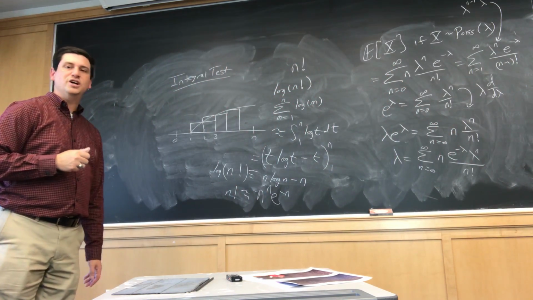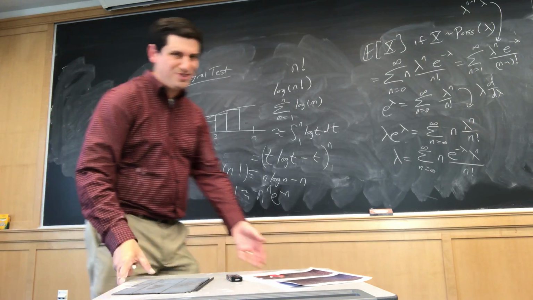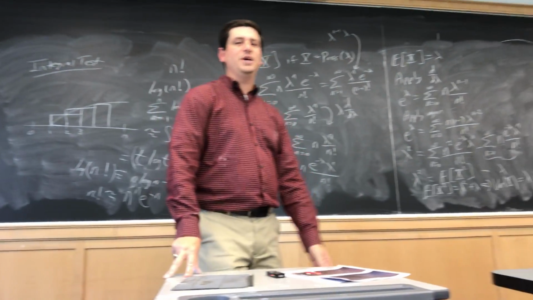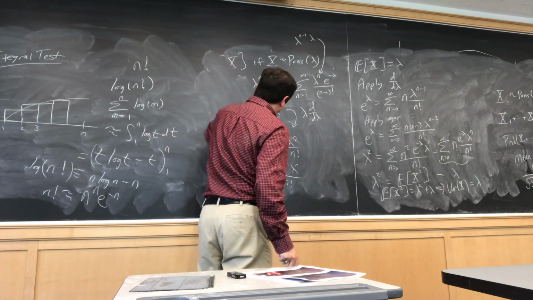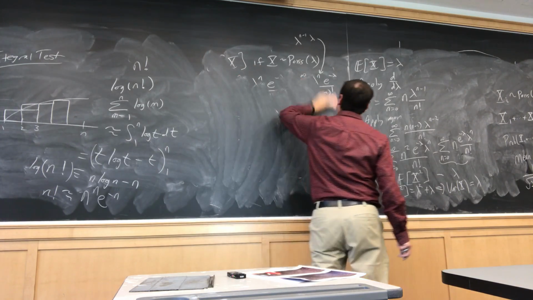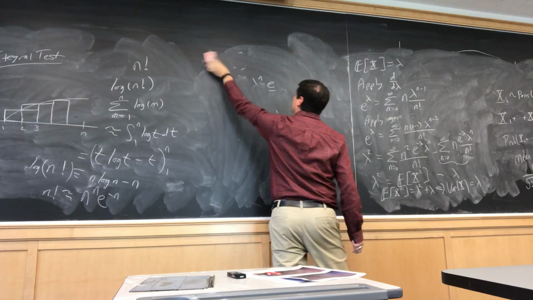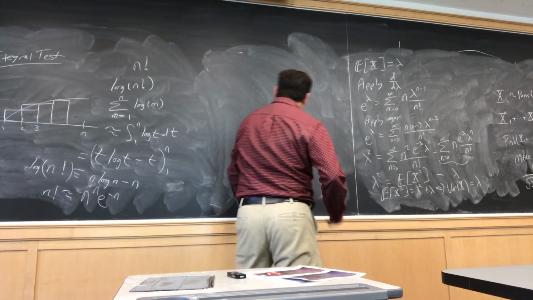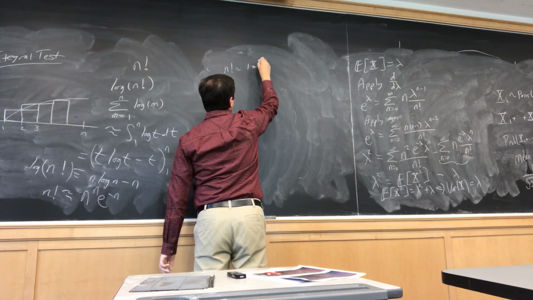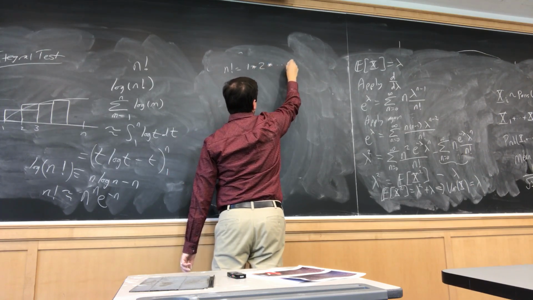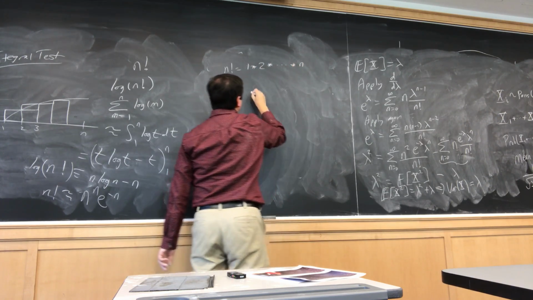There's a better way to look at this problem, which gives a worse result in this case, but it's a nice way of looking at problems. And the first is this method of dyadic decomposition. So let's consider the product, n factorial is 1 times 2 times up to n.